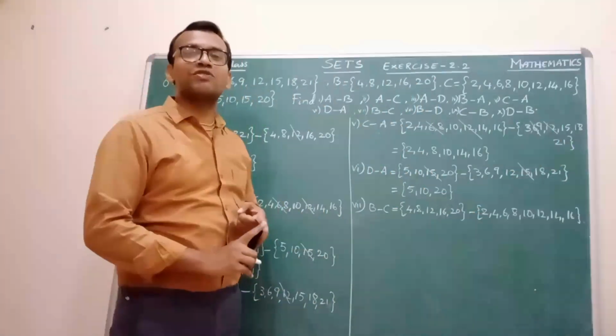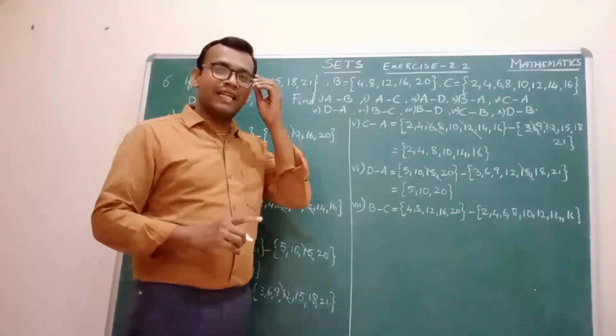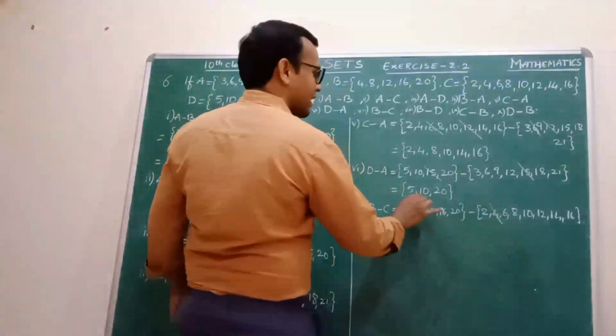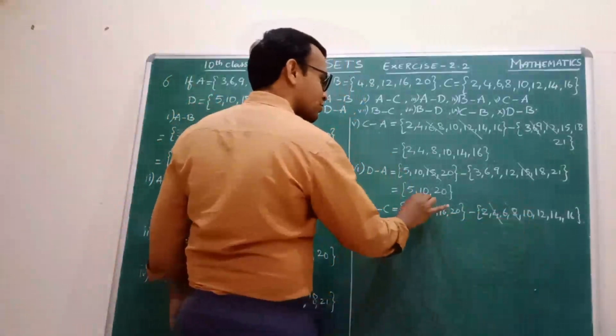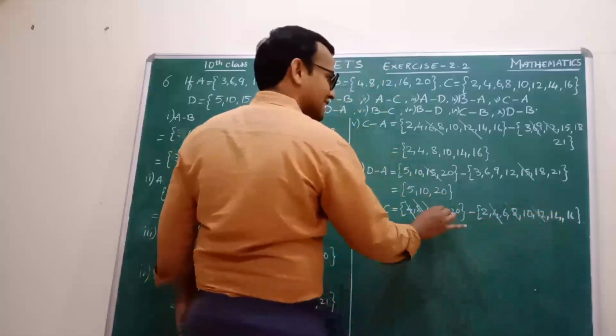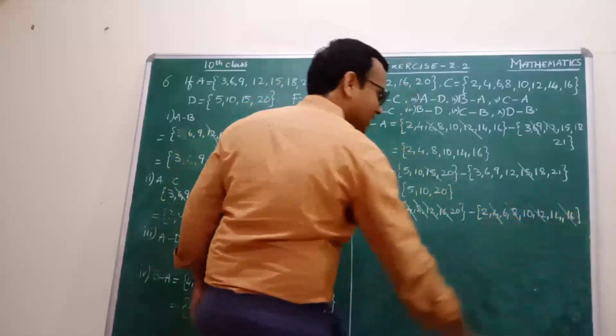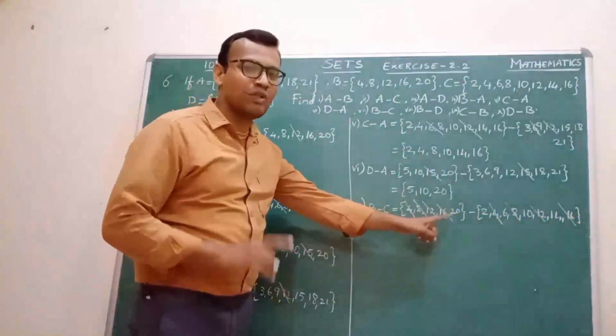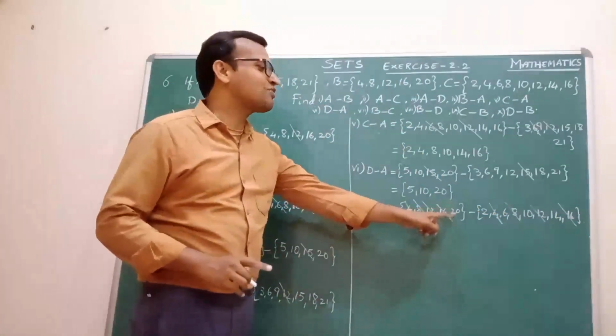The first step is to cancel the common elements. So let me cancel common elements. 4 is common, 8 is common, great. 12 is also common, wow. 16 is also common. Then what element is left in the first set? Only one element is left in the first set, and that is 20.